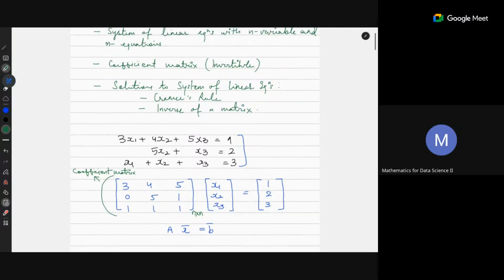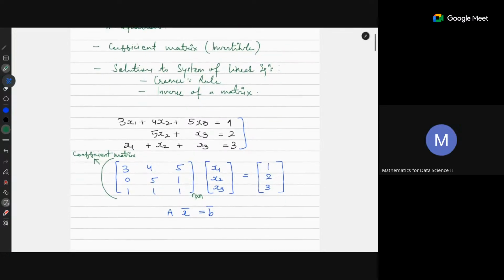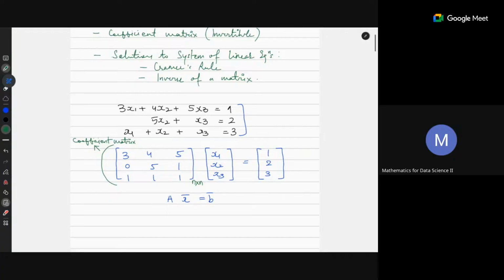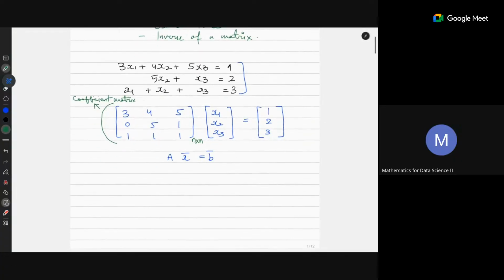Now we discussed last time, if the determinant of the coefficient matrix is non-zero, that means the coefficient matrix is invertible.